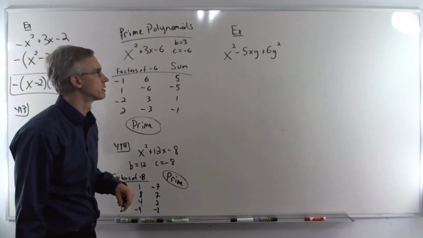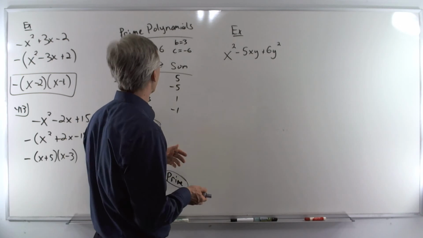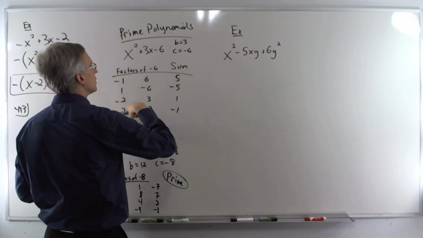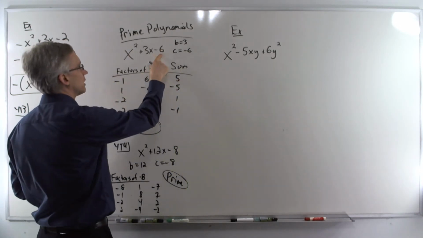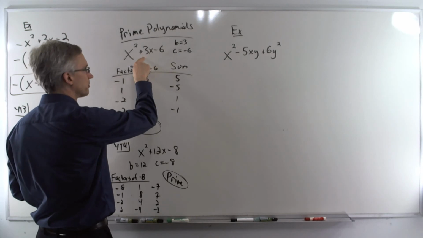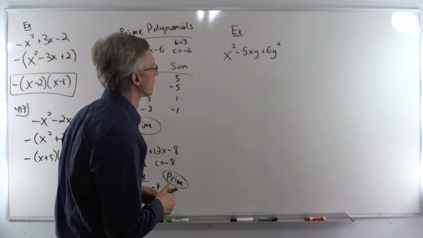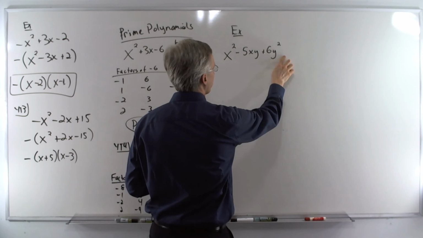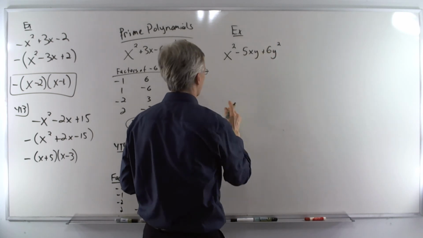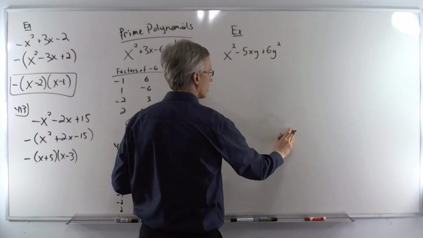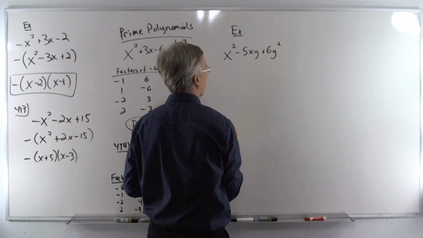Just like over here, we wanted two numbers to multiply to get the last term and add to get the middle term. Same deal here, except now we have an expression with y's in it. So we need two monomials that multiply together to get that.